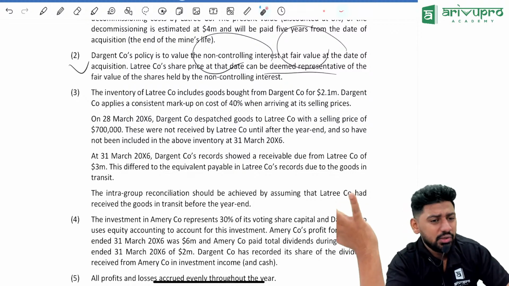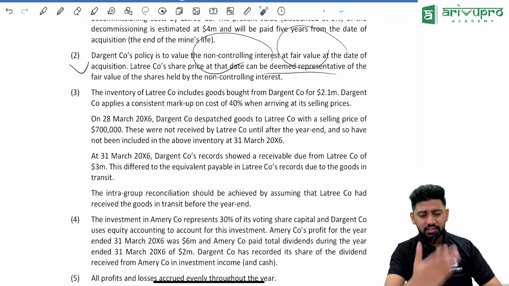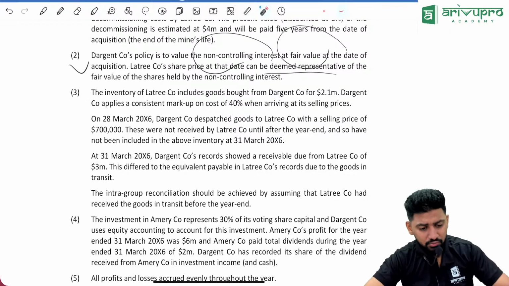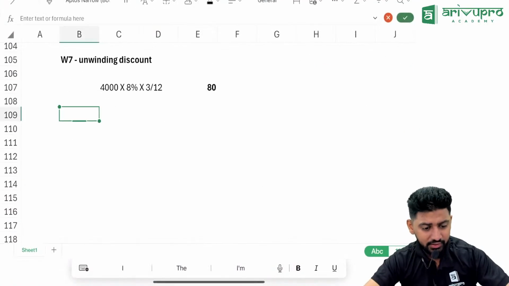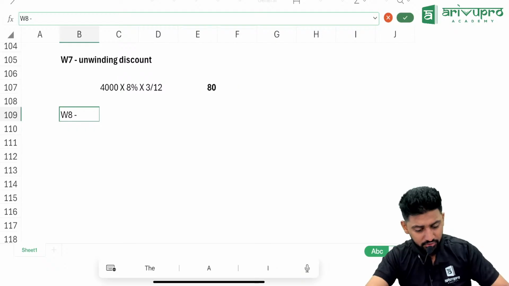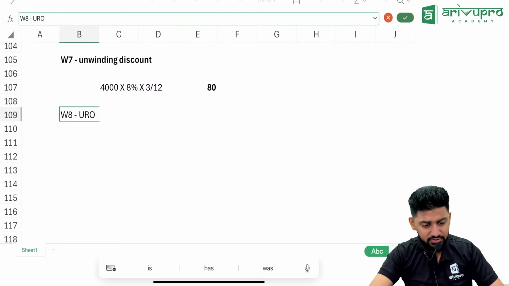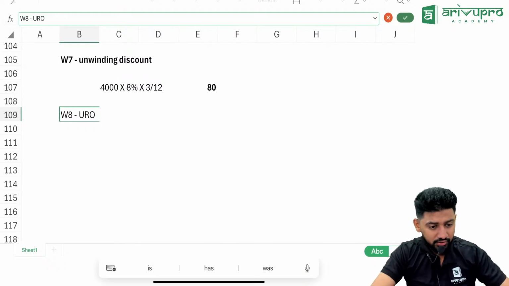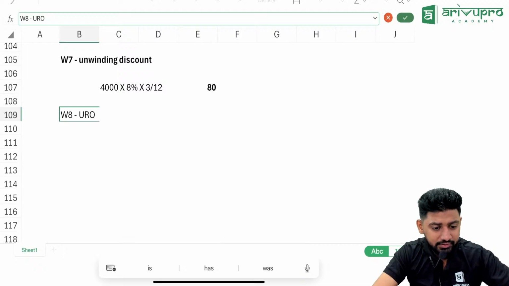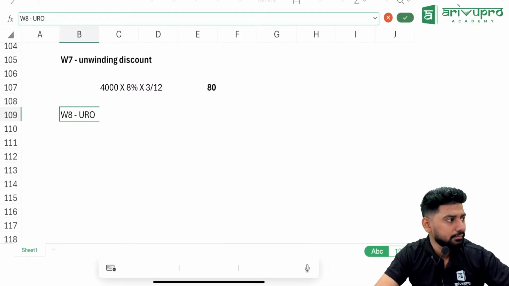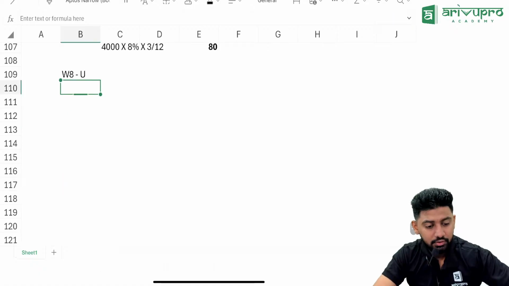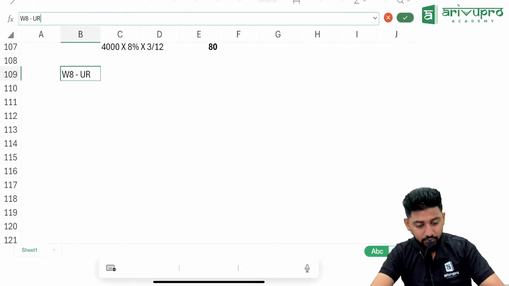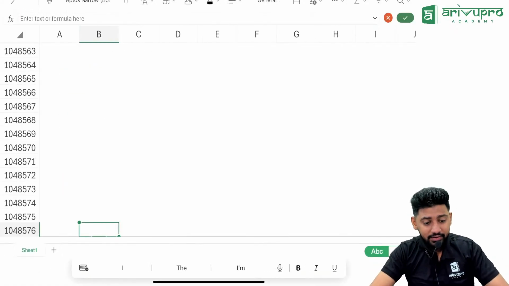Intergroup transaction. In an intergroup transaction, you have a URP. Now, working number 8, straightforward, URP, unrealized profits. It can't get simpler than that in the exam. They have directly told you.